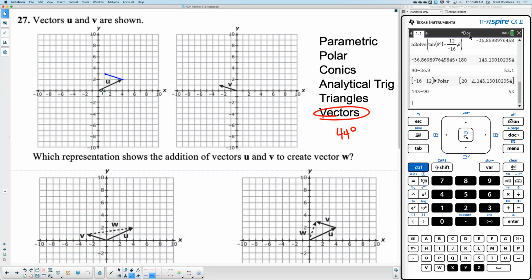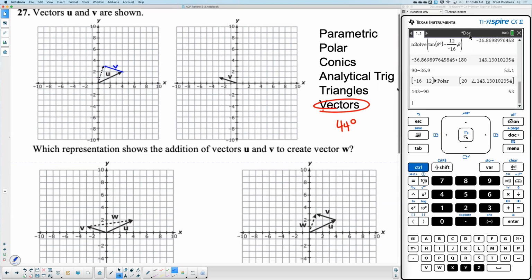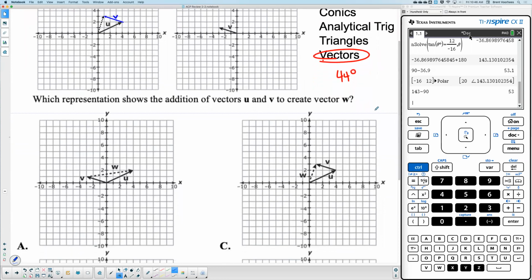And then you need to have a resultant. So you're looking for a vector like this. Now they don't have to go in that order, but that would be U, this would be V. You need to have this resultant that goes 1 right and 3 up. Which one has that drawing? C. C is the correct answer here.